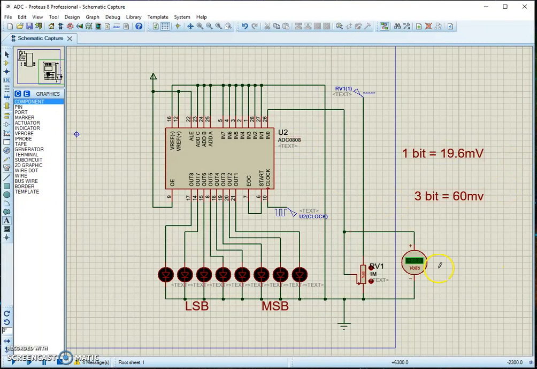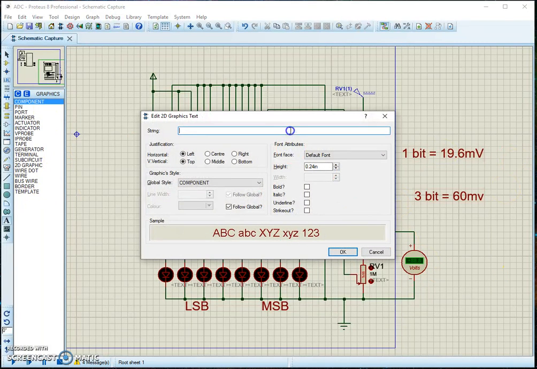60 millivolt. So if I have 3 bits, 19.6 multiplied by 3 is equal to 58.8 millivolt.